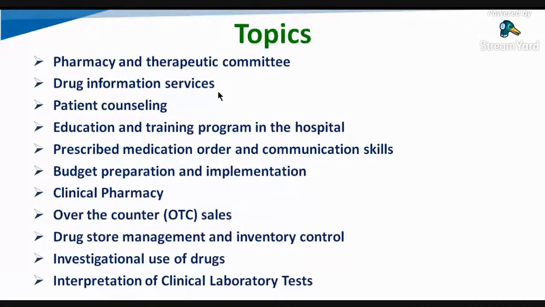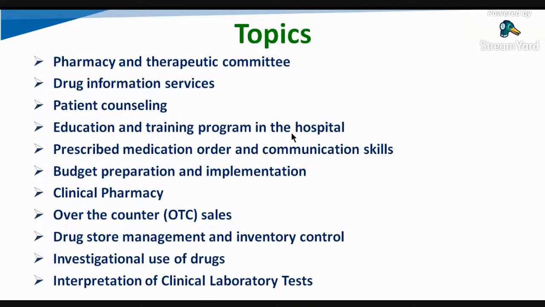Usually the state pharmacy council provides such type of information, and in some colleges also they have their own drug information service. Then patient counseling, education and training program in the hospital. Nowadays Gujarat State Pharmacy Council has started a refresher course for pharmacists.